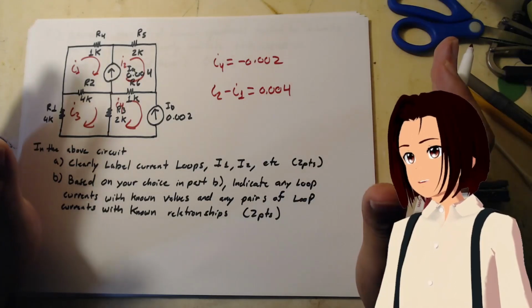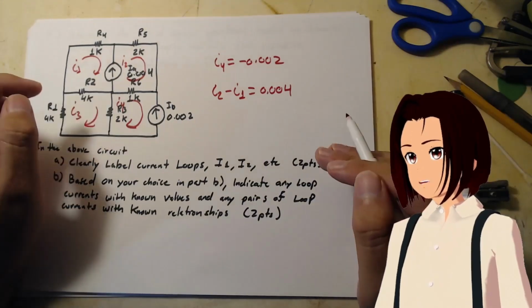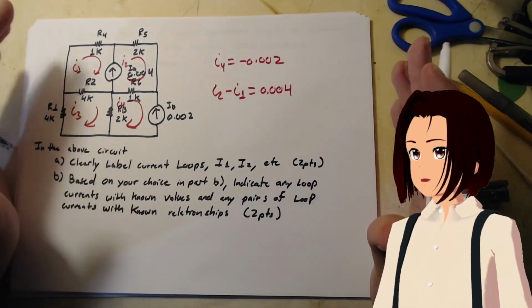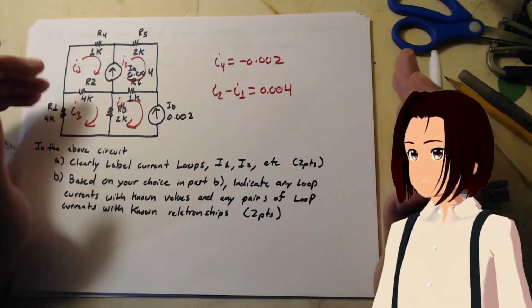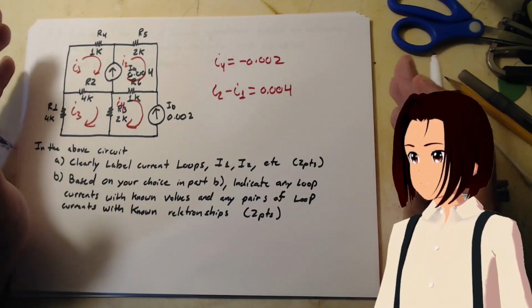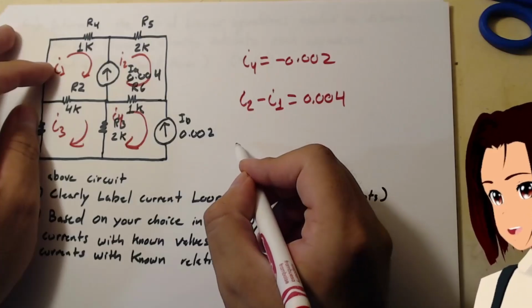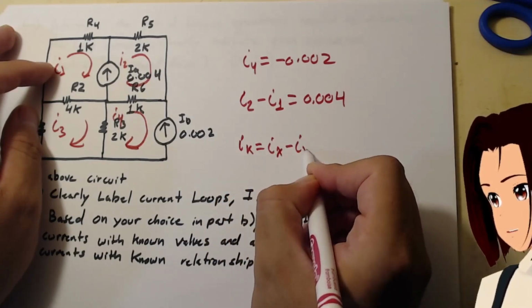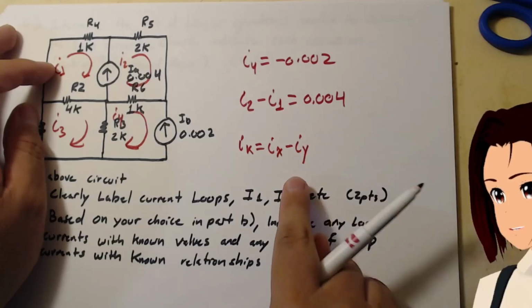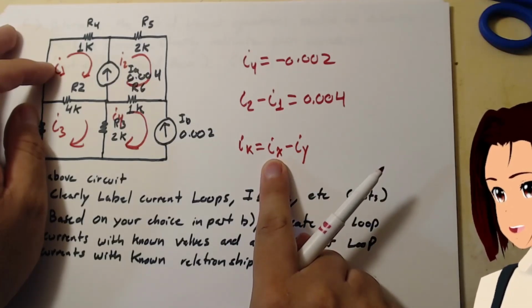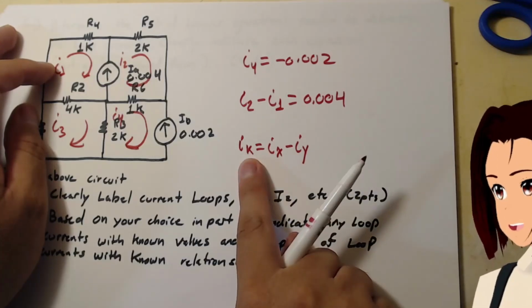But since we're using mesh analysis, we're basically looking at this from that point of view, where we have to follow some rules or else we'll risk having incorrect equations. Say we have IK is equal to IX minus IY, we know that this guy right there is the mesh whose reference direction agrees with the reference direction of IK.